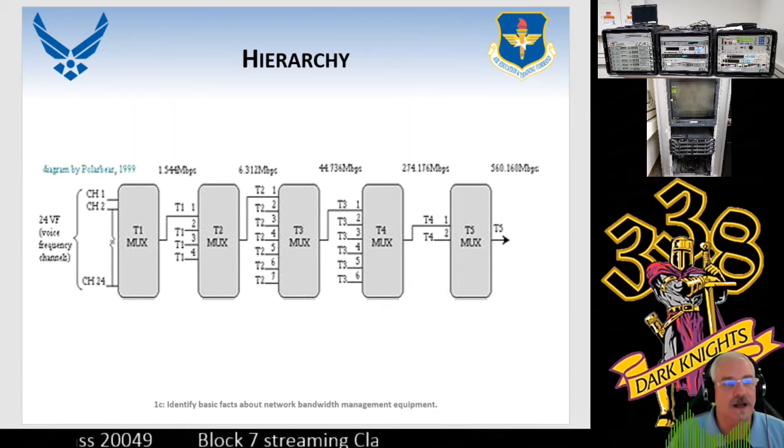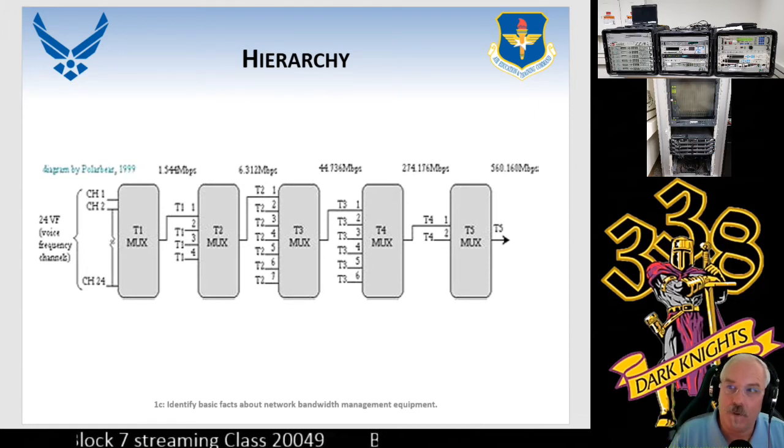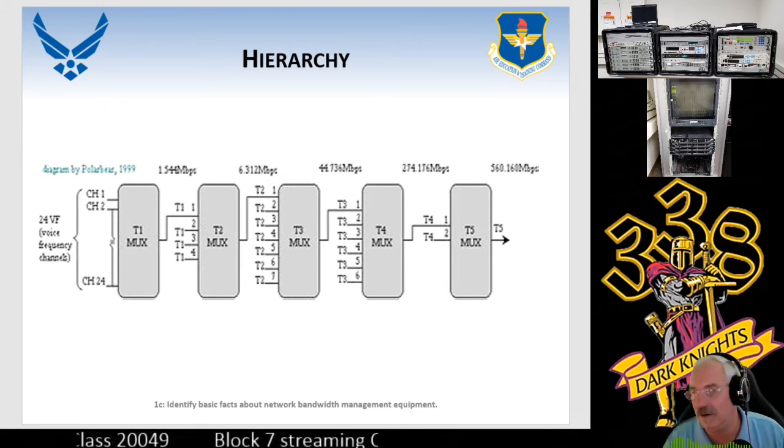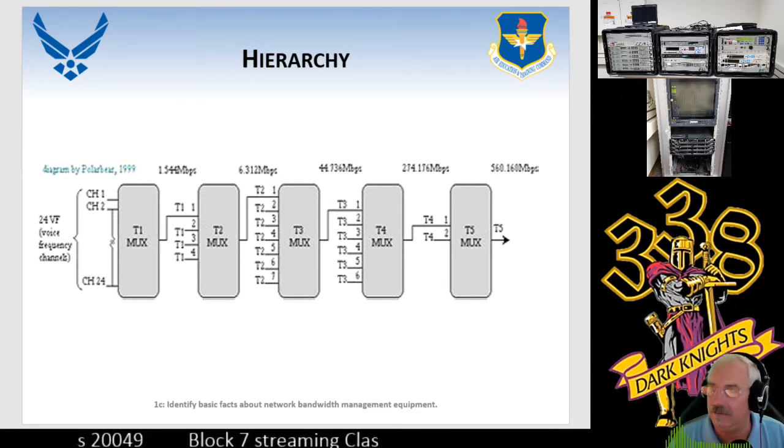You can see that a T1 multiplexer is 24 channels to make a T1 line. You need 4 T1 multiplexers to make a T2 multiplexer. Start to see this pyramid of foundation of building all the way up to the T5.